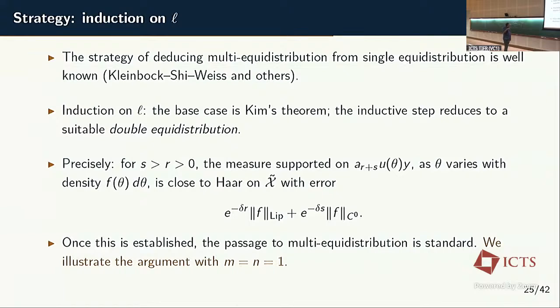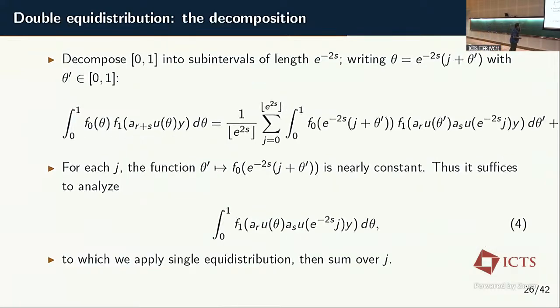And I want to show that this measure is not too far from the Haar measure, with a certain specific form of tightly controlled error. Once I'm able to show this, I know how to pass on using arguments which are now standard. Here's the kind of thing that I want: I want to control a product of functions of this kind.